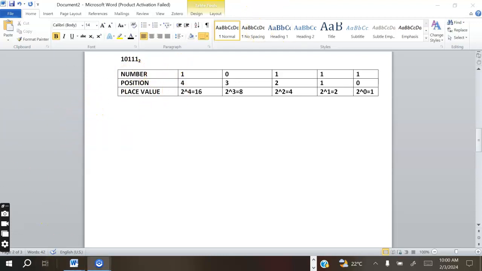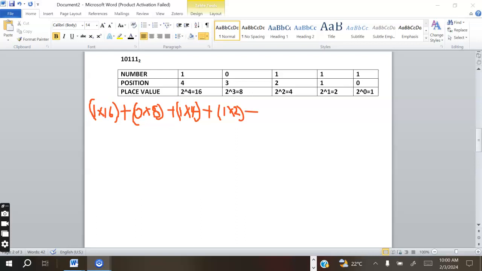So we start with the first one, which is 1 multiplied by 16, plus our next number, which is 0 multiplied by 8, plus 1 multiplied by 4, plus 1 multiplied by 2.